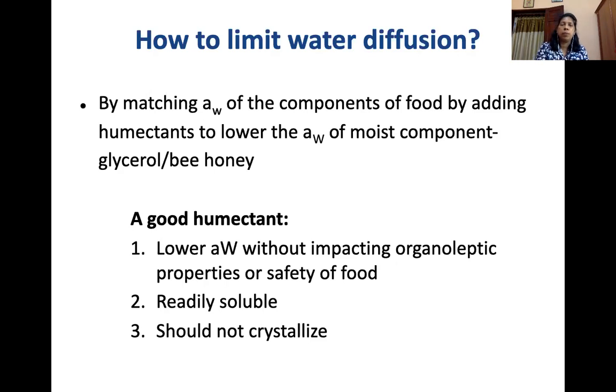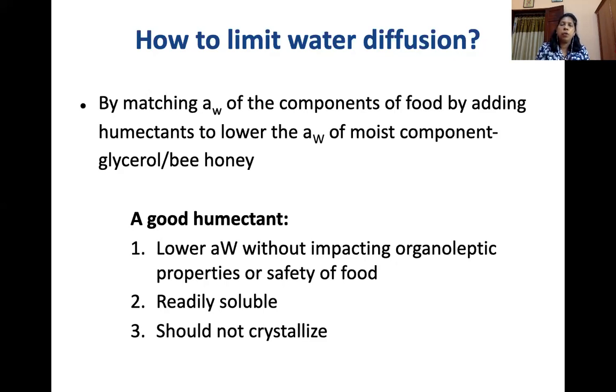That means it should combine or bind with the water and make another system with the water. And it should not crystallize, because if it is crystallized, it forms a lattice of that molecule, and then it is not available to dissolve in the water.